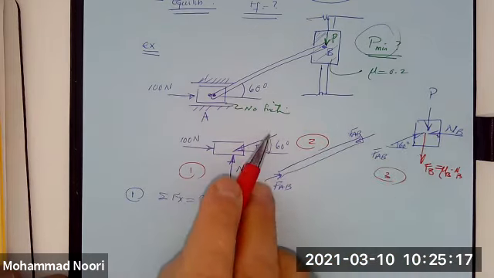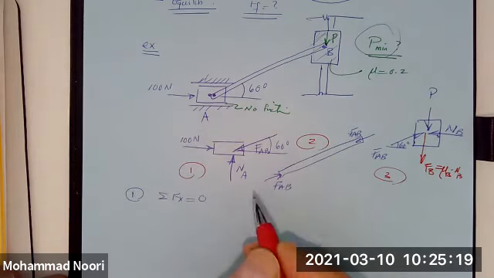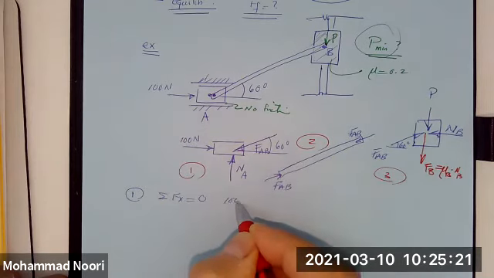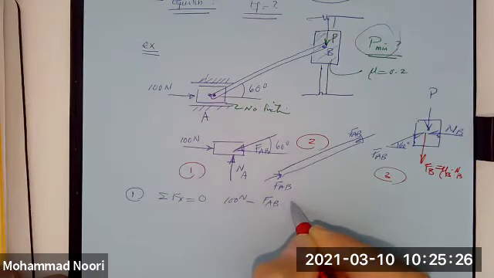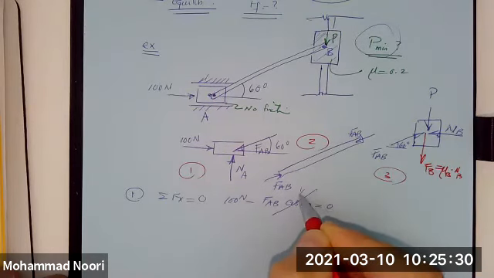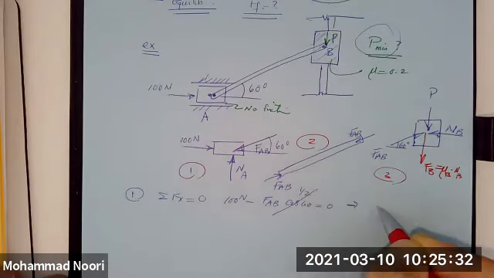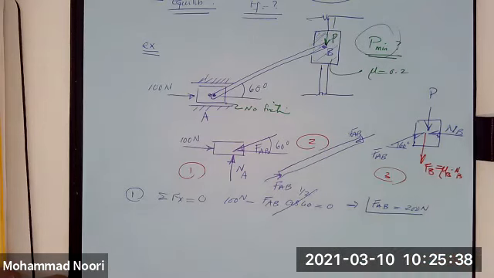So I only find this force from this free body diagram. That means 100 Newton minus FAB cosine of 60 is equal to 0. Cosine of 60 is 1/2. So that gives me F of AB, which comes out to be 200 Newton.